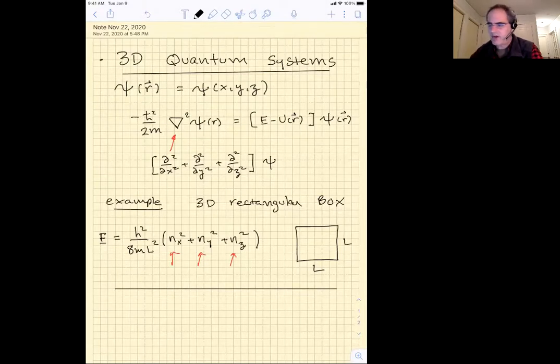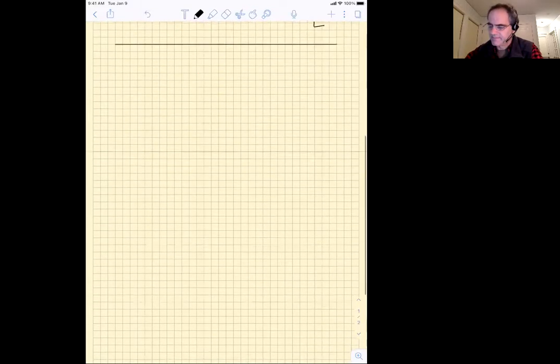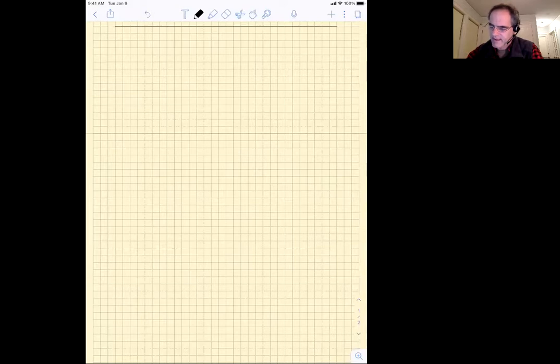But the cases we're going to talk about now will have spherical symmetry. And as I mentioned, these are called central force systems. Okay? What I mean by that is the following: the potential energy, which in principle depends on all 3 coordinates, x, y, and z, here is only going to depend on the distance from the origin.